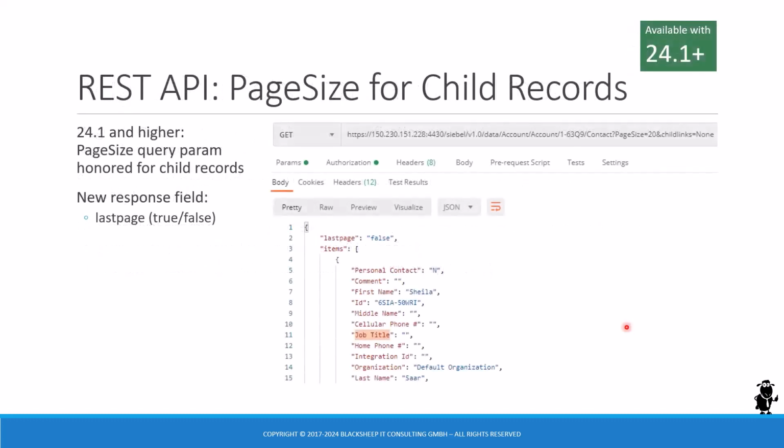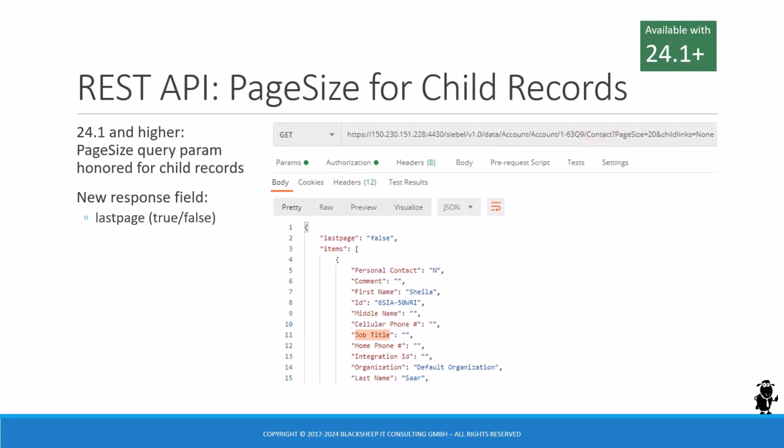And there's a minor change that affects me personally in a project. In the REST API for data, you can have a lot of parameters, and one of them is page size, obviously to define the number of records being returned. That works fine if you're on the primary. Until 24.1, it didn't really affect the child or grandchild or anything down the primary on a lower level, like the contacts for an account.